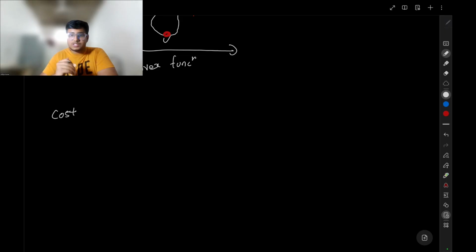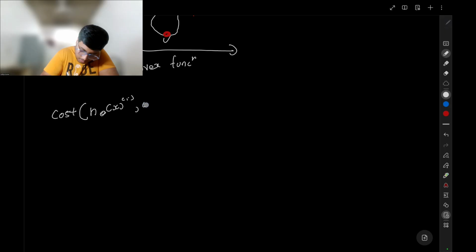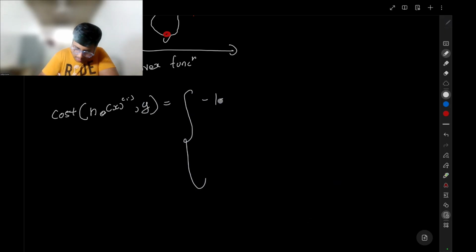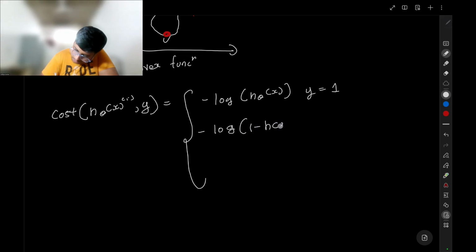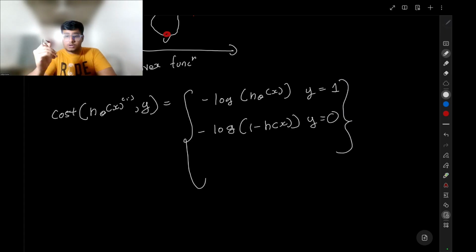First I will write the cost function, then I will describe it. It is minus log of h theta of x when y is equal to 1, and minus log of 1 minus h theta of x when y is equal to 0. Okay, so this is our modified cost function.